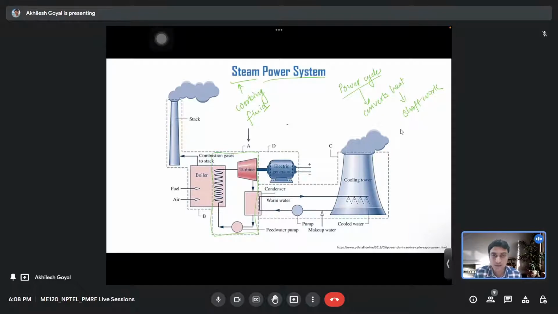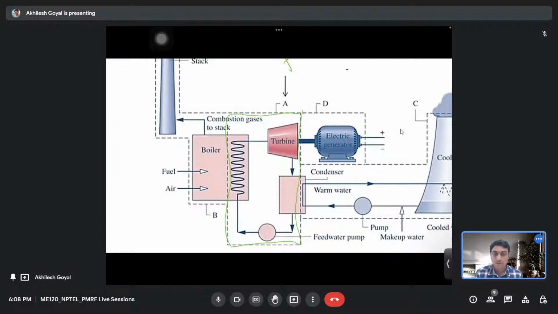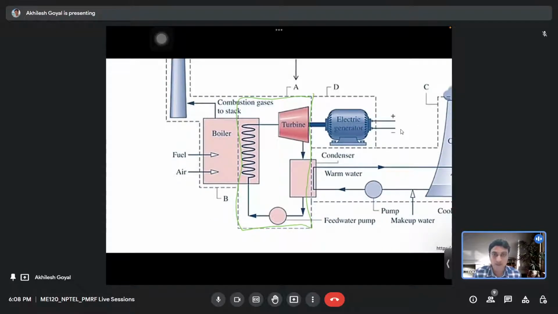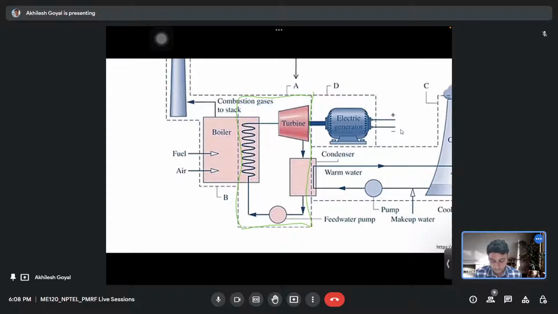you can see here is our actual power cycle. So initially, in the boiler, the heat is supplied to the water, the working fluid. This working fluid or water takes heat from the boiler, then it goes to the turbine. Here in the turbine, work is supplied from the turbine, and then this working fluid goes to the condenser.